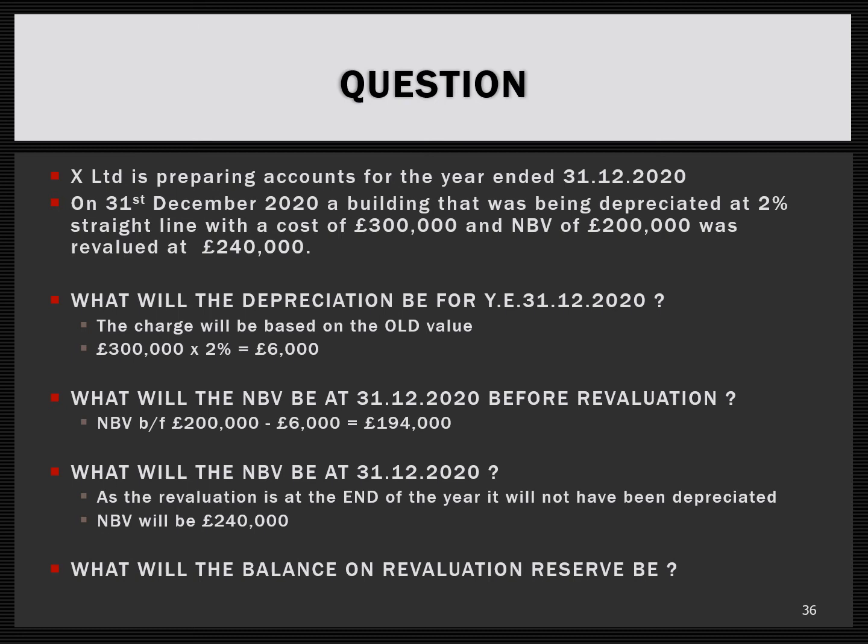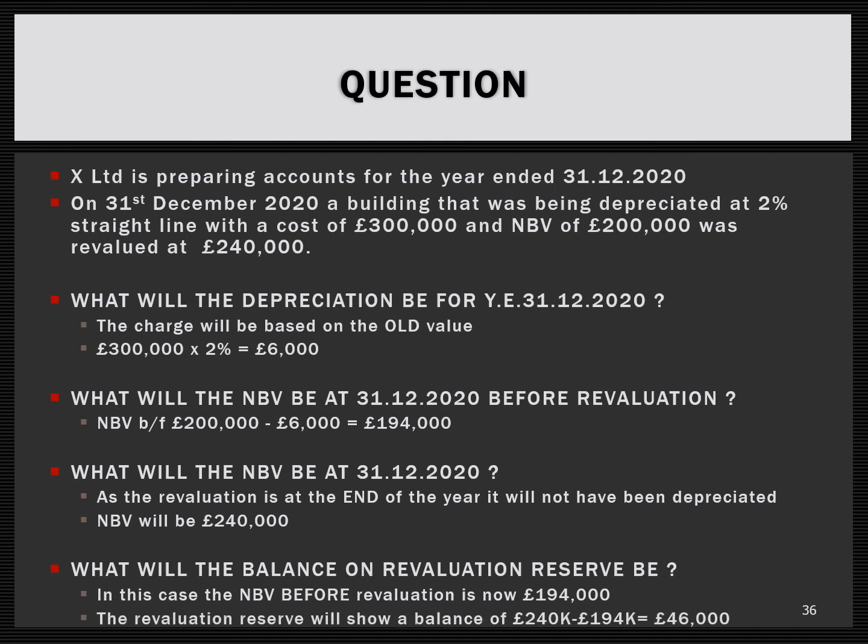But what will the balance on the revaluation reserve be this time? Just pause the video and think about that for a moment. The important thing to remember here is that an extra year's depreciation has been charged before we've revalued the asset, and so the net book value at the time of the revaluation now is the 194,000 that was at the end of the year.